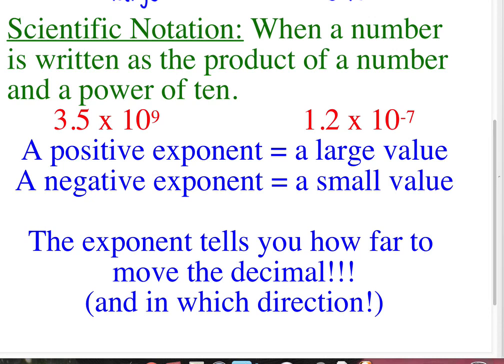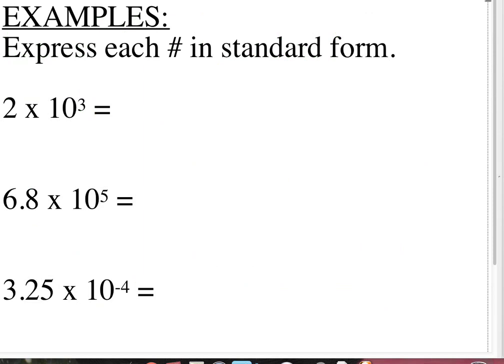Okay, let's practice what I'm talking about. The directions say express each number in standard form. All right, so obviously we see some things here that are written in scientific notation, and I want them back in standard form. So let me show you how this works. It's all about moving the decimal and which direction.